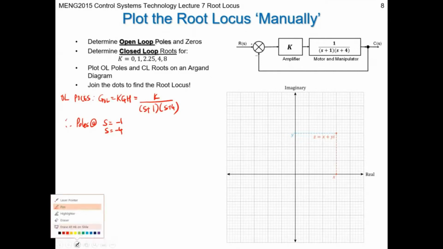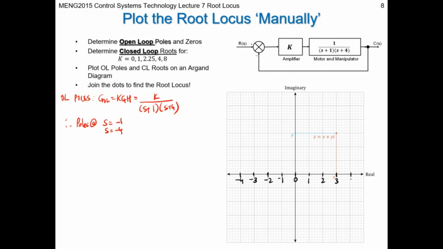So I could draw those on. Now, I use my same convention. I think this time, let me draw a scale on this chart first. One thing very important when you're plotting root locus plots or using your Argand diagram for your s-plane: you always have to match the magnitude of the scale on the x and the y axis, or the imaginary and the real axis.